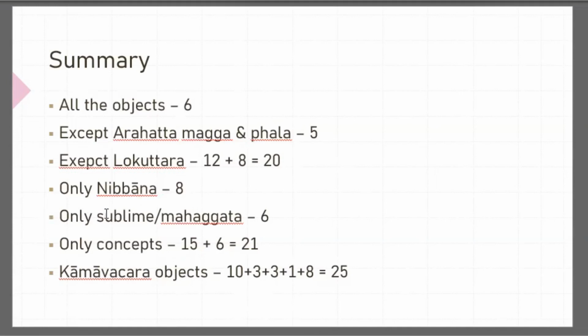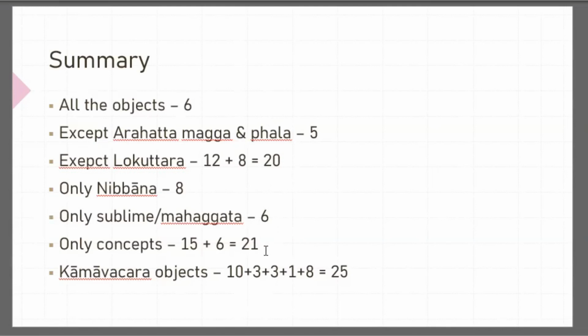Then group number 5, the second Arupavachara and fourth Arupavachara, Viññānañcāyatana and Neva Saññā Nasaññāyatana Cittas. These 6 Cittas can take only sublime objects, Mahagata objects.